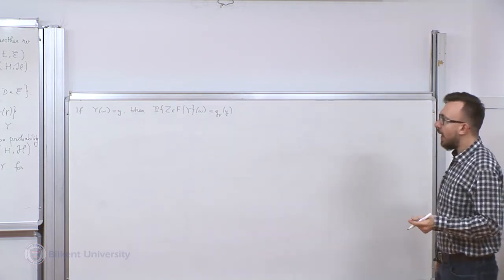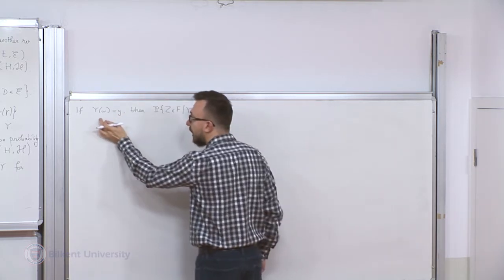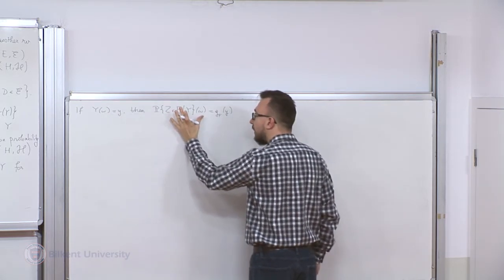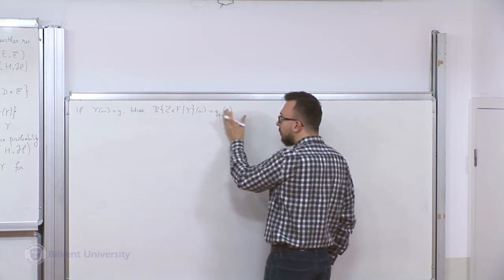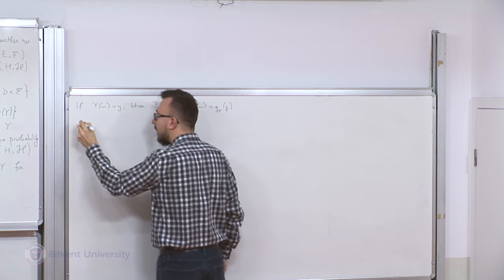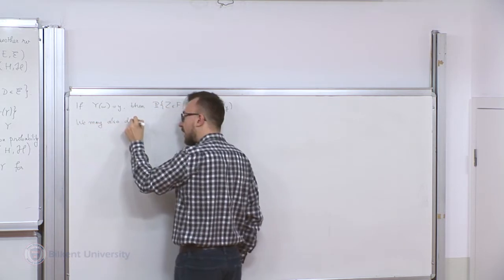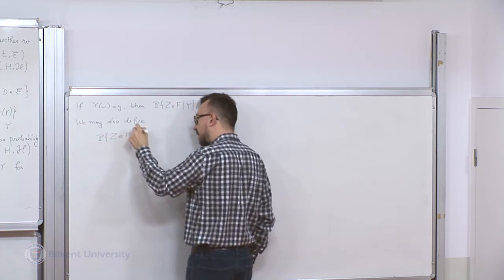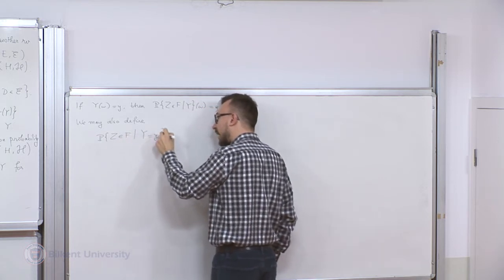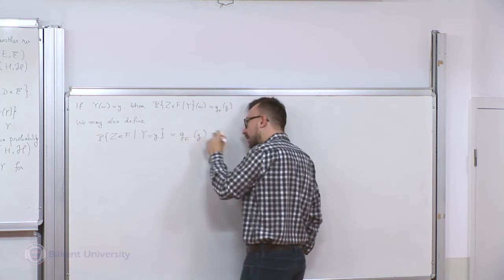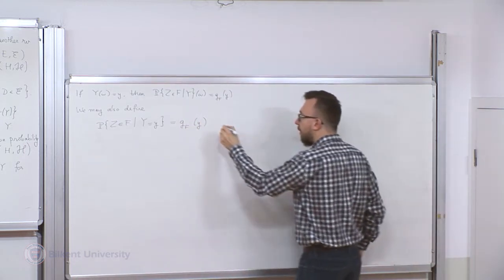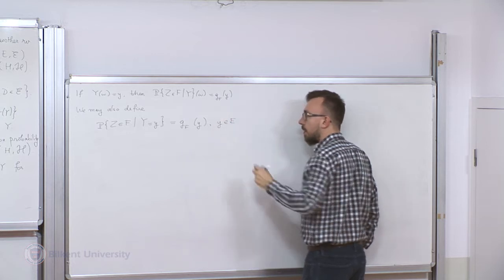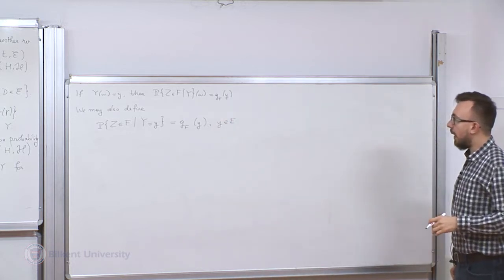So if it's a function of Y, this means if you have two different omegas for which Y of omega is the same, then for those omegas, the values of the conditional probability must be the same because it's just a function of Y. So in fact, we may find the conditional probability of Z in f given Y equals little y as g_f of y for every y in E, or possible values of Y.